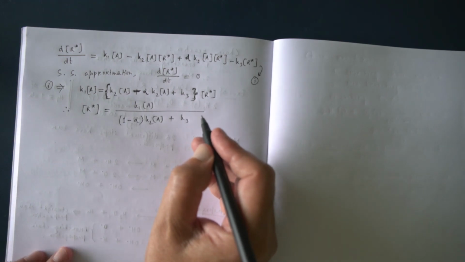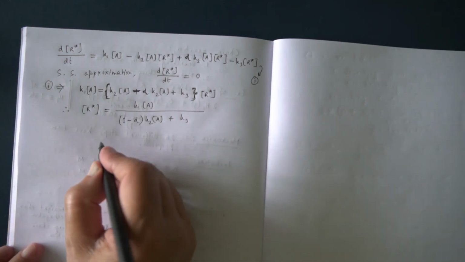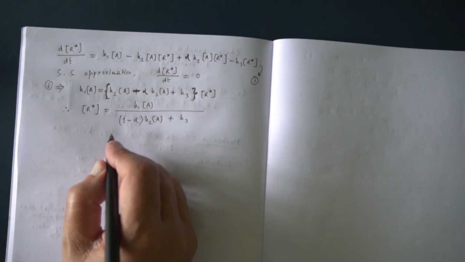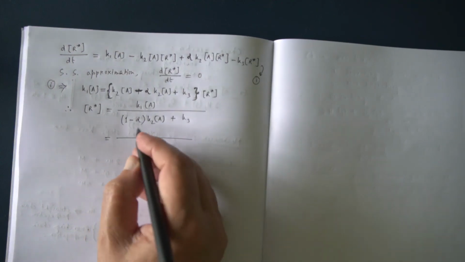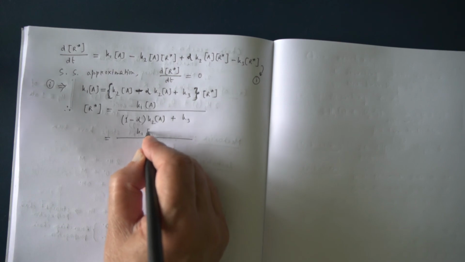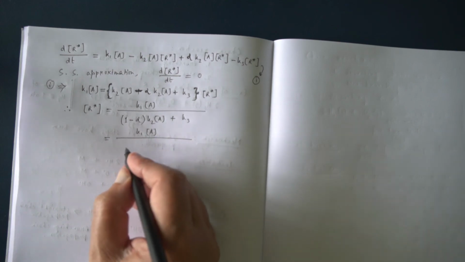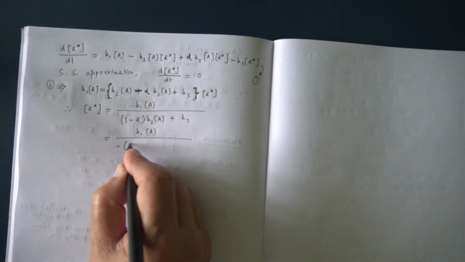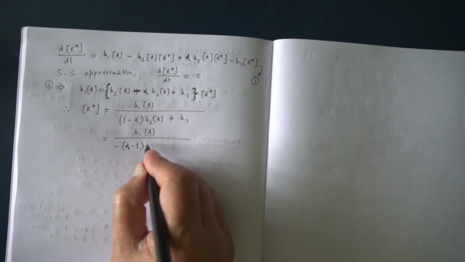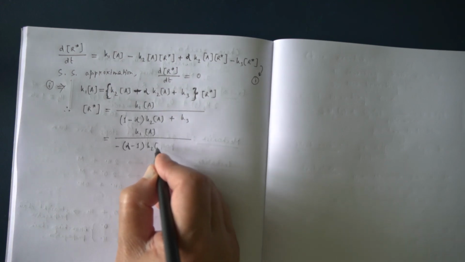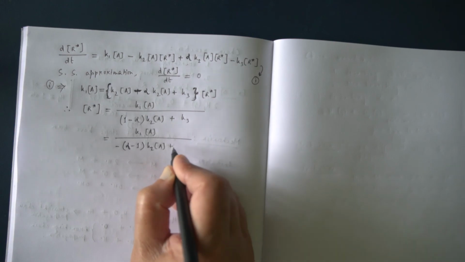Or we can write it like this: k1a divided by (minus (alpha minus 1)) k2a plus k3.